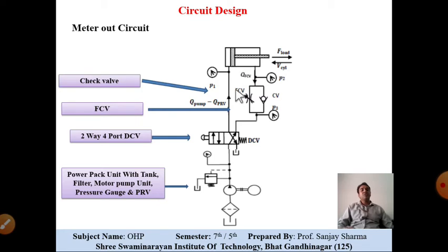as compared to the meter in circuit. In the meter out circuit, the flow control valve is placed between the direction control valve and the B port of the actuator, that is the inlet of the retraction.